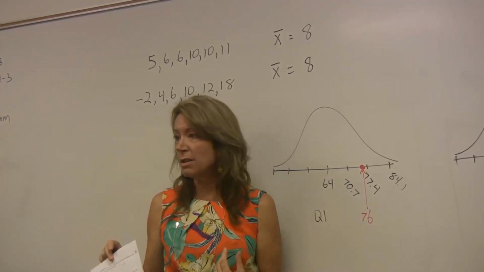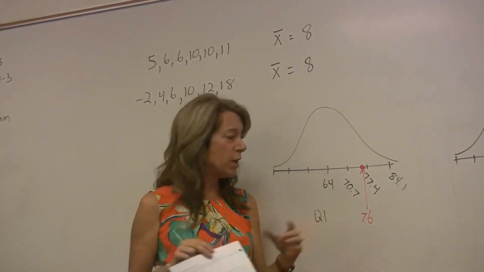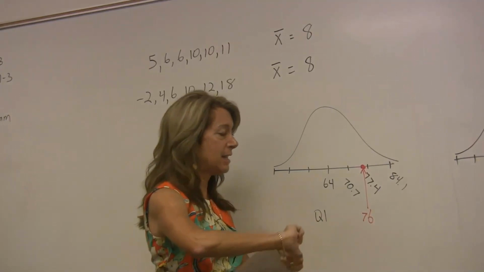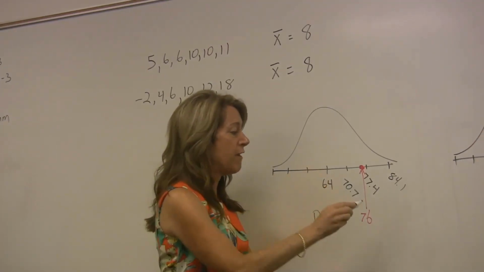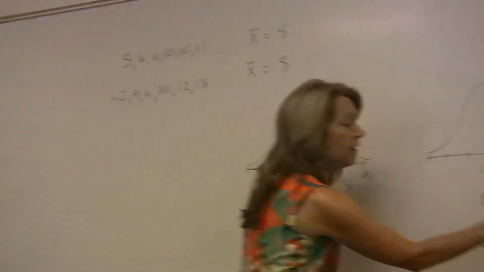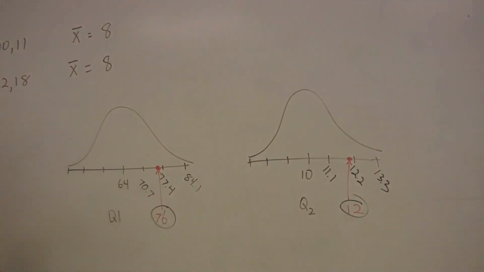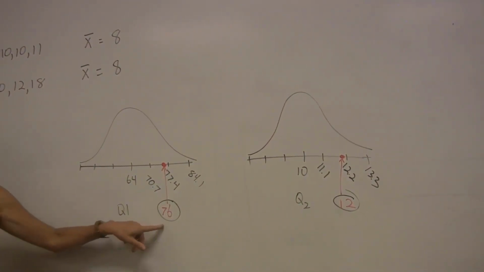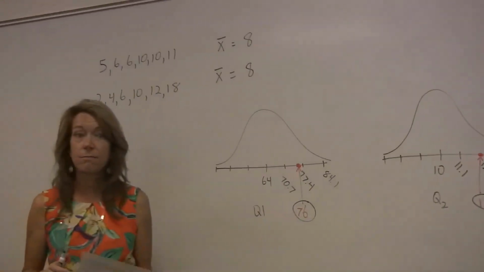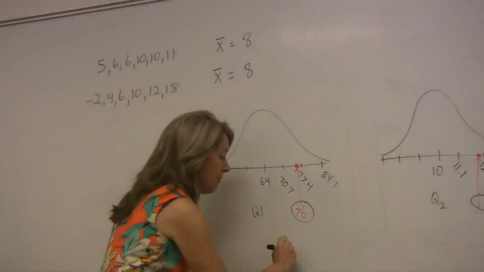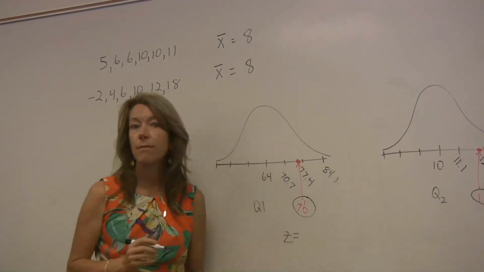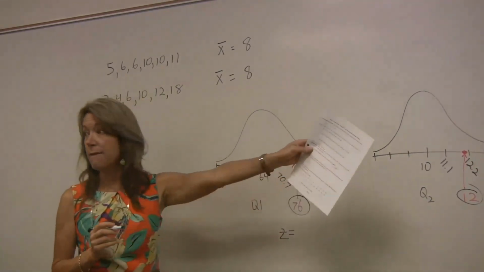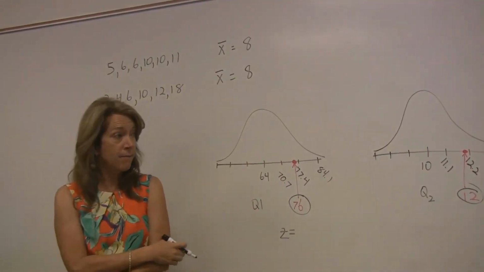Actually, what we're going to use is a z-score. We're going to find the z-score for 76, and we're going to find the z-score for 12, and be able to tell which one is actually higher by comparing z-scores. So how do I find the z-score for 76? Use the z formula.